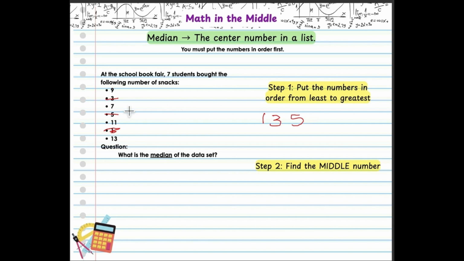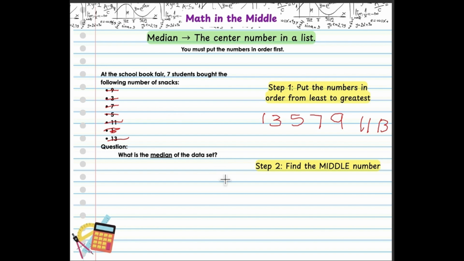All right, and then our fourth is 7. There we go. And then our next one is 9. And then 11. And then 13.